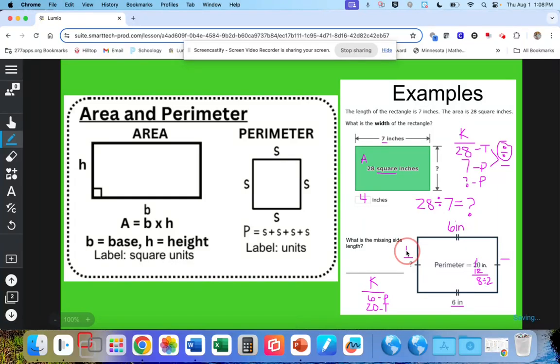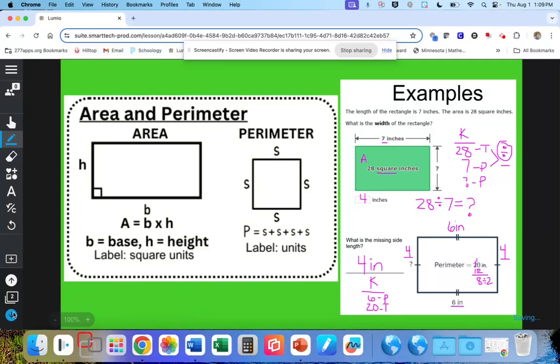And I'm going to find out that I have 4 on both sides. Now I can double check my work. 6 plus 4 is 10, and another 10 makes 20. So I know my missing side length is 4. And what measurement did we use? We used inches. So it would be 4 inches. Ooh, my writing's difficult there.